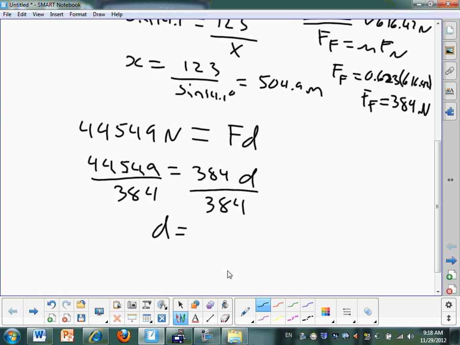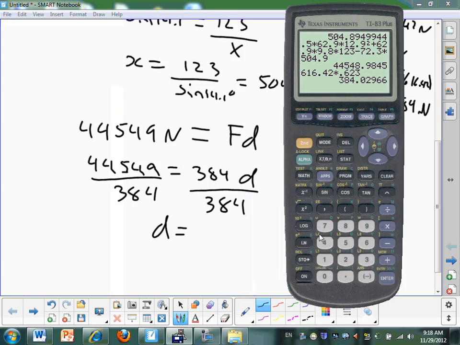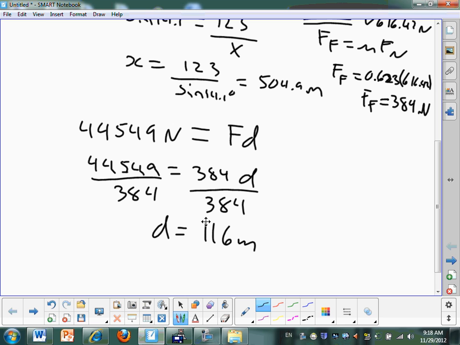His displacement from the bottom of the ski hill would be 44,549 divided by 384, which is 116 meters from the bottom of the ski hill. That's how far he would coast before he stopped.